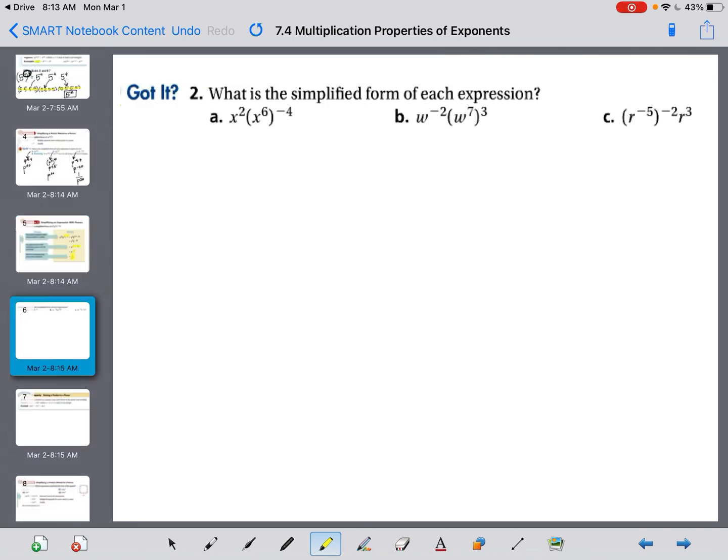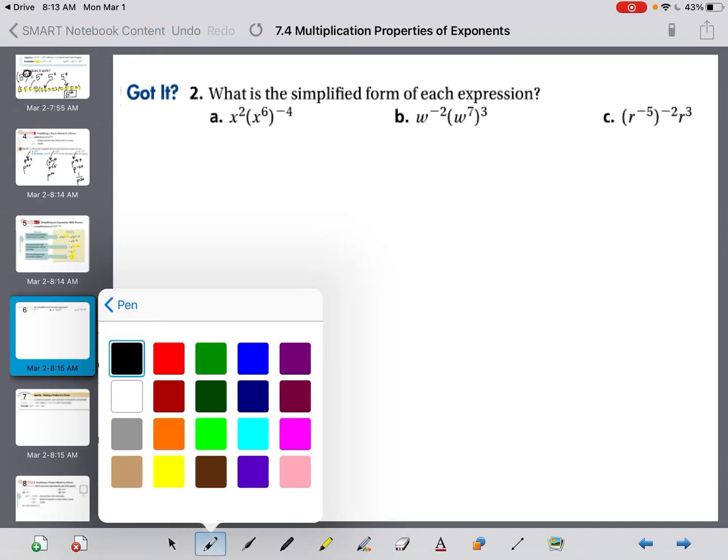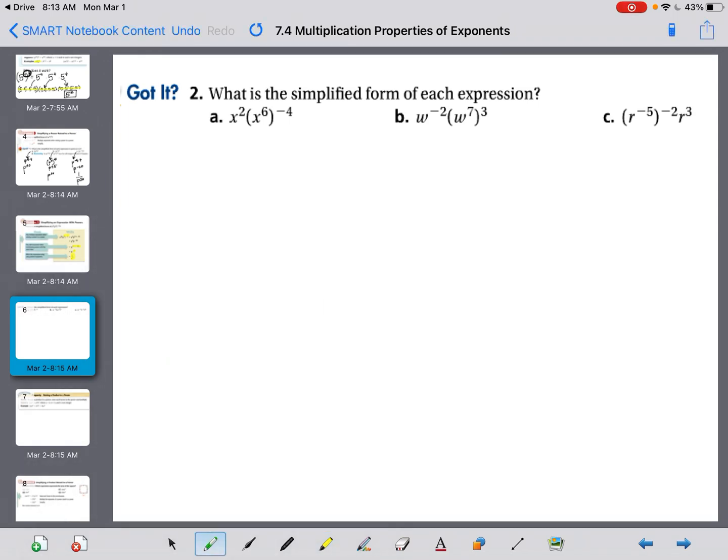All right, let's give that a shot. Letter A says x to the second times x to the 6th, also raised to the negative 4th. The first thing I'm going to do is these powers to powers. I'm going to leave the x to the second, but now I have x to the 6 times negative 4, so the negative 24th power.